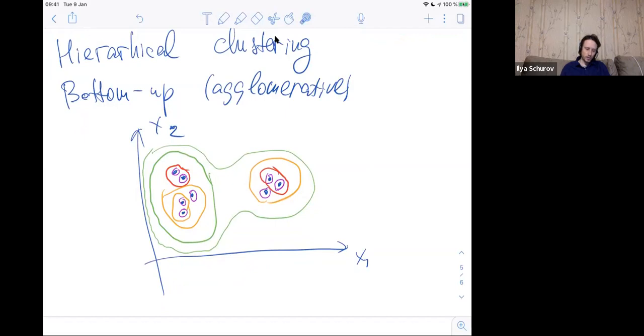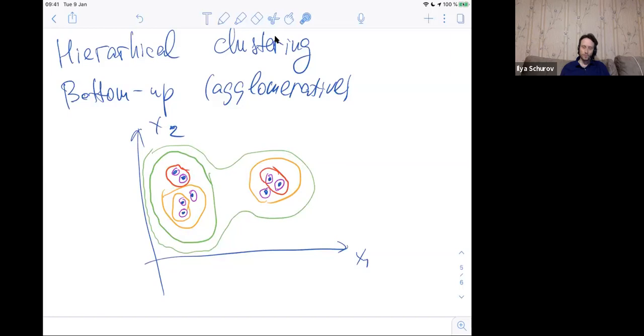And now you see that it can give you different results depending on how many clusters you want. If you want 2 clusters, it gives you 2 clusters. It says no problem, you just pick this cluster and this cluster. And if you want 3 clusters, it also can give you 3 clusters. Just these 3 clusters.